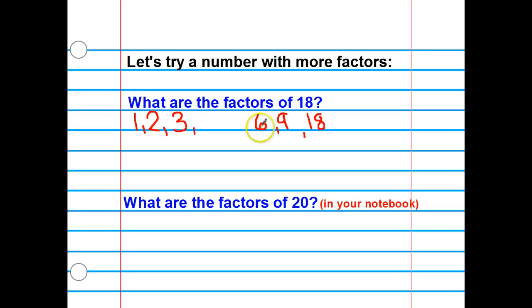Now I'm back to 6. I've already done 6. So I know that I've reached all my factor pairs. My factor pairs are 1 and 18, 2 and 9, and 3 and 6. Some people call this a factor rainbow because when you do the pairs right, that's what you end up with, something looking like a very badly drawn rainbow.